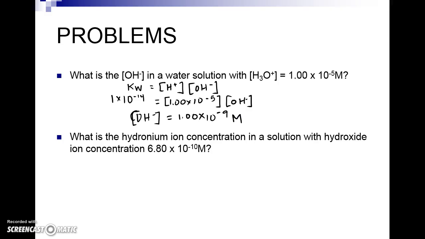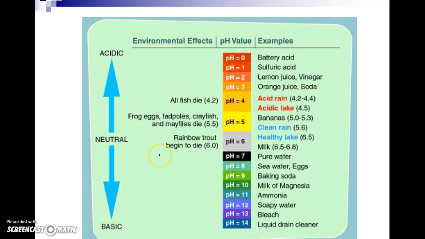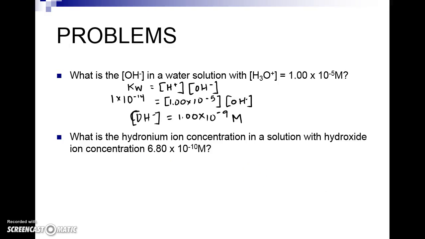What's the hydronium ion concentration? That's the H plus, in a solution with a hydroxide ion concentration of 6.80 times 10 to the negative 10th.